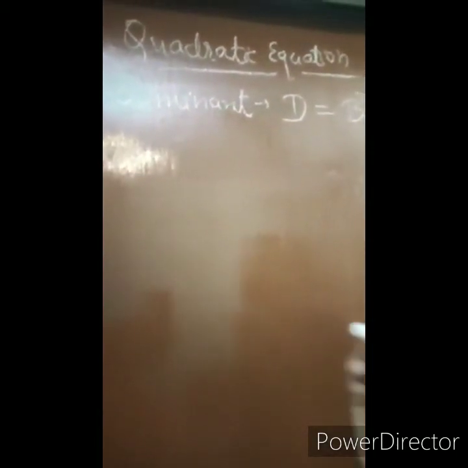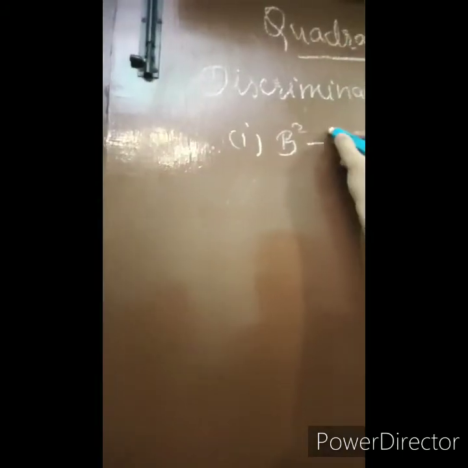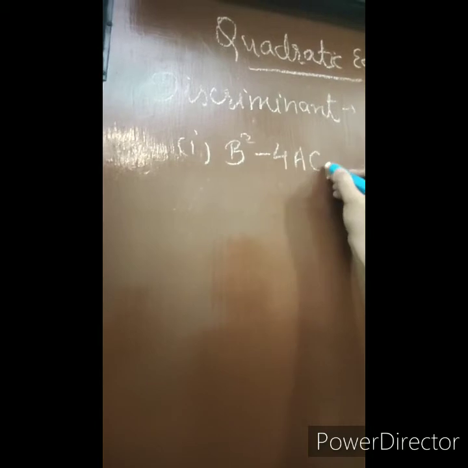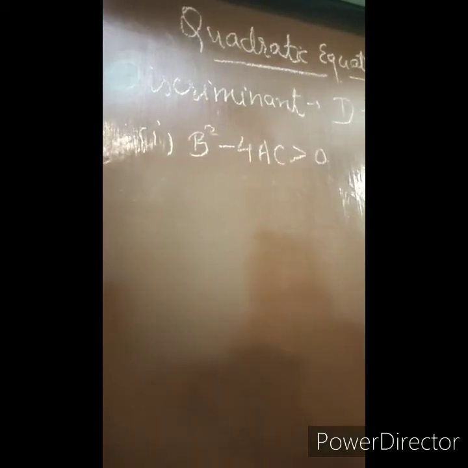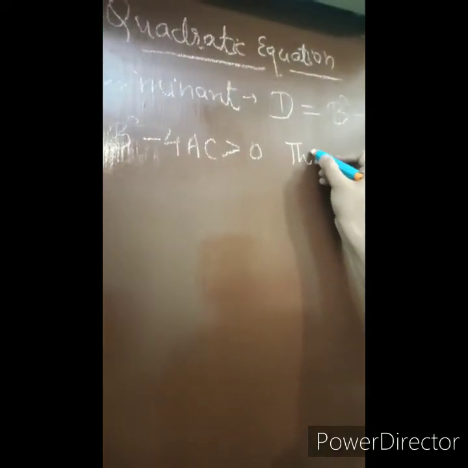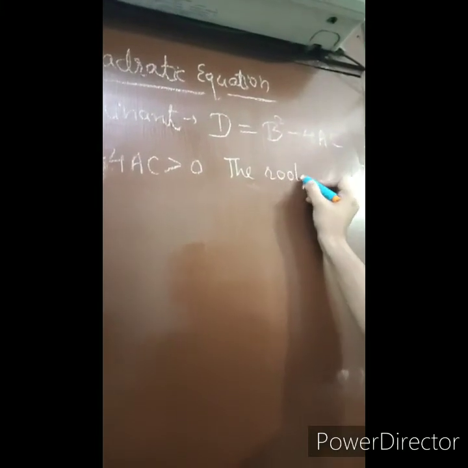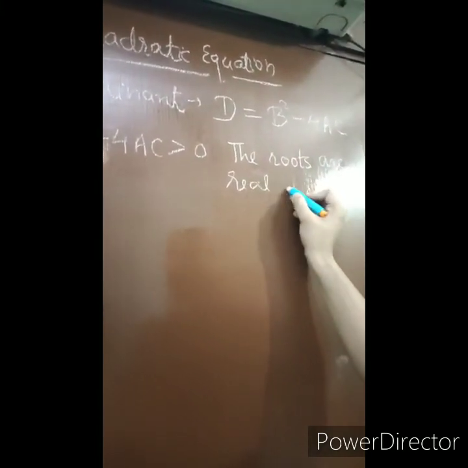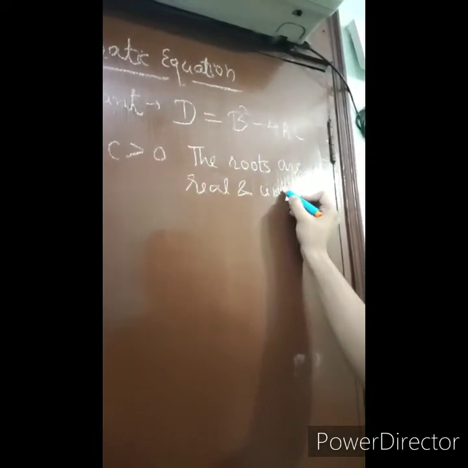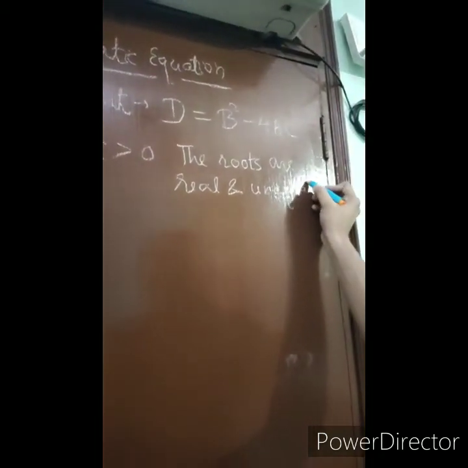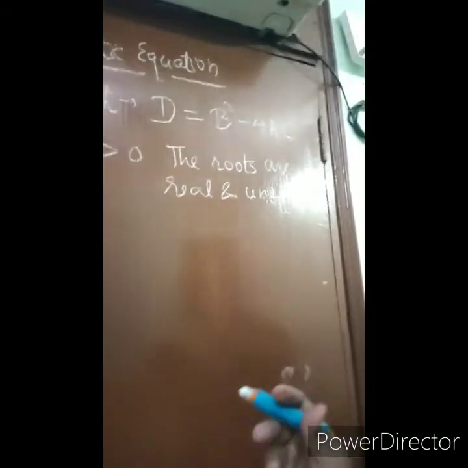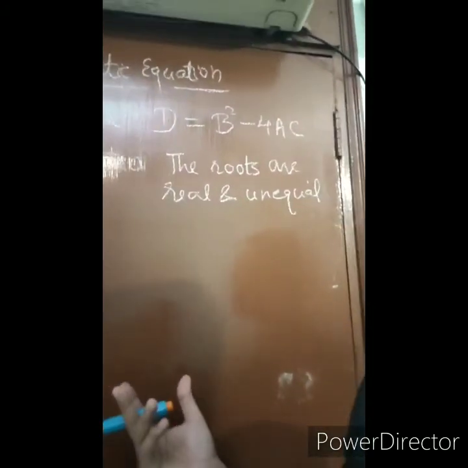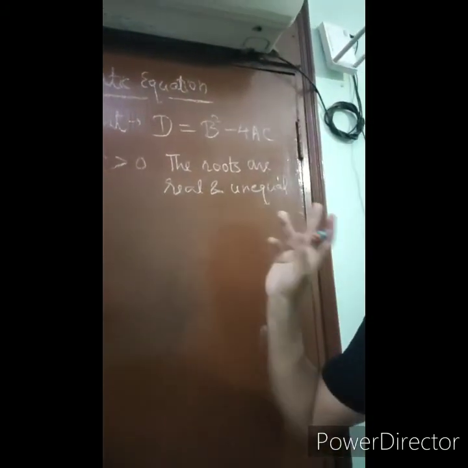So three conditions are there. First condition: if b square minus 4ac is greater than 0, then the roots are real and unequal. As we saw in the previous question, the roots are 3 and 2. So these are unequal real roots.